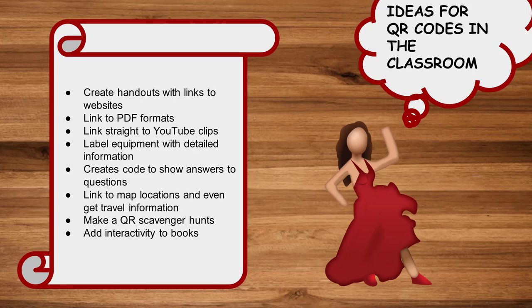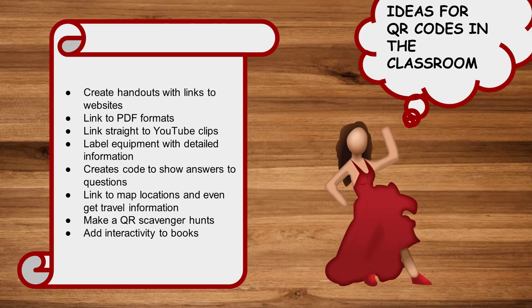Now, when you look at labeling equipment with detailed information, for instance, if I am a lab technician and I want my learners to understand what each equipment can be used for, I could create a QR code. I don't have all the space to enter all the details, so I could create a QR code and then tell my learners to scan it with their device.